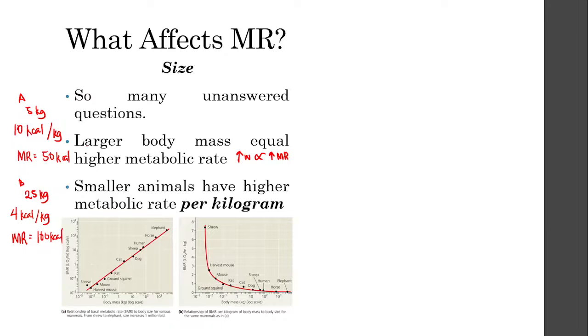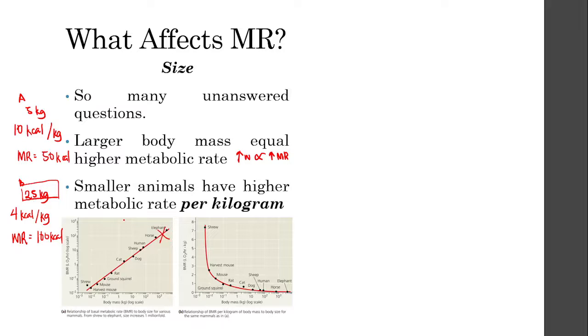The reason that the larger animal has higher metabolic rate, if we take everything into account, is just because of their massive size. The fact that they are massive, that they have more kilograms, gives them a higher metabolic rate.